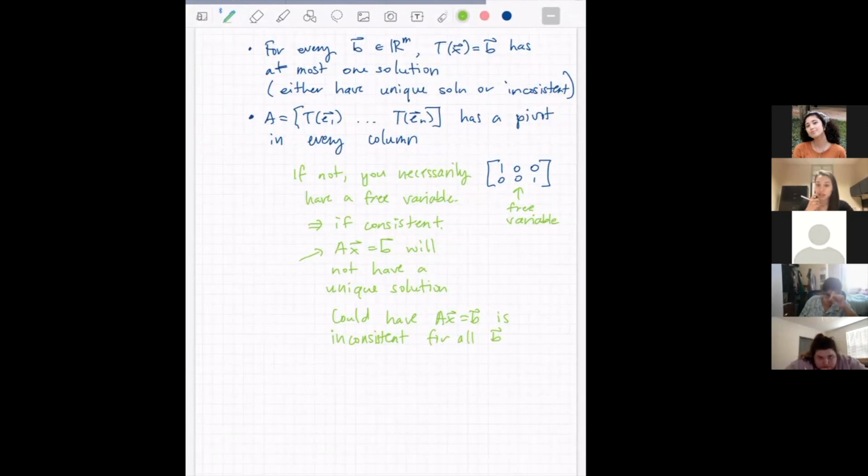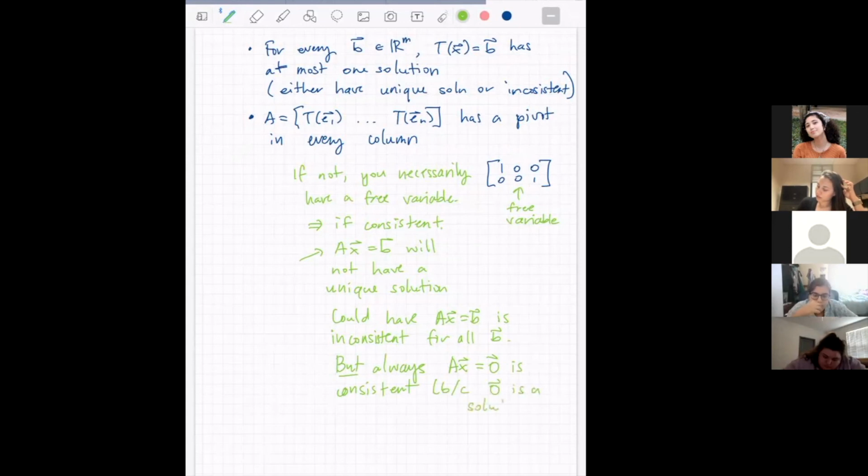But we do know AX equals 0 is always consistent because we always have the trivial solution, right? So this is because 0 is a solution. Okay, so we know that at least once we will run into this problem because we'll have a consistent system.